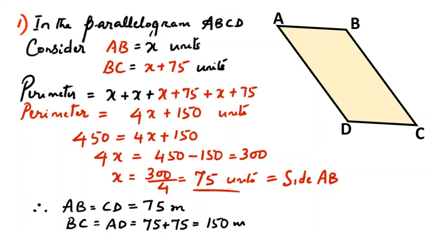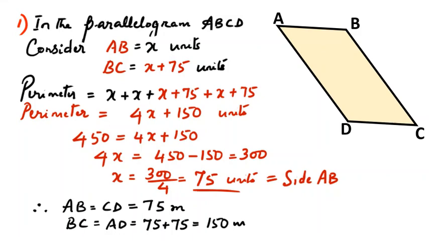So I hope if algebra is very clear to you, this question should be very easy. Otherwise, you need to learn how to frame equation and how to write an expression for the unknown thing. Here side lengths are not known, no? So we should write expression for the sides AB, BC and all.